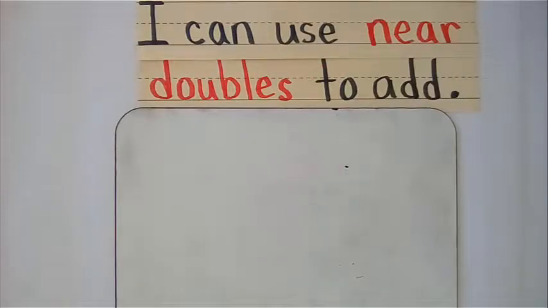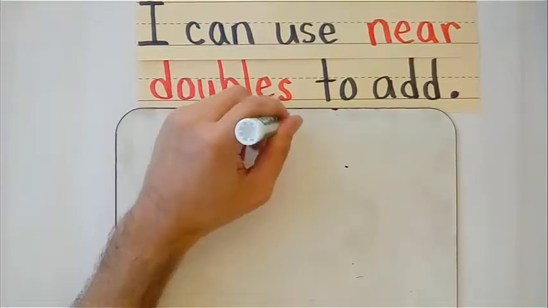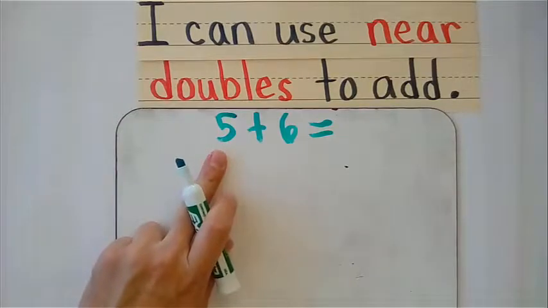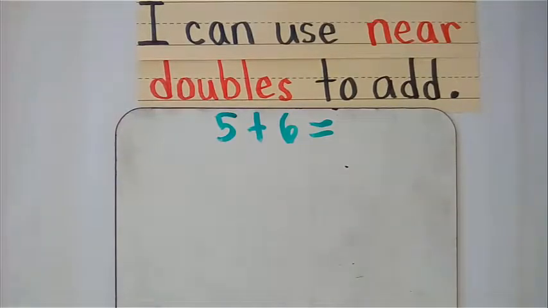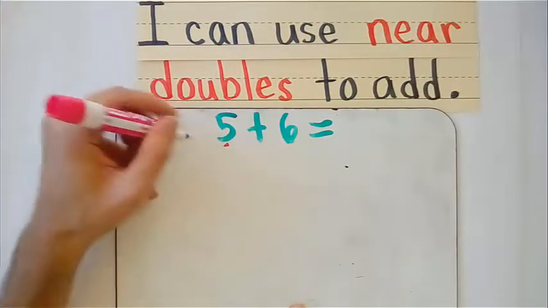Let's do some more examples. So let's say I have this number sentence right here, and I know it's 5 plus 6. Now I can use my near doubles to add that, because I know what 5 plus 5 is, right?